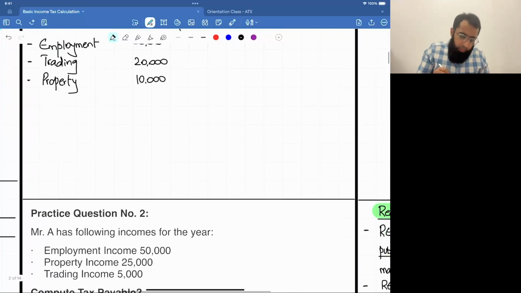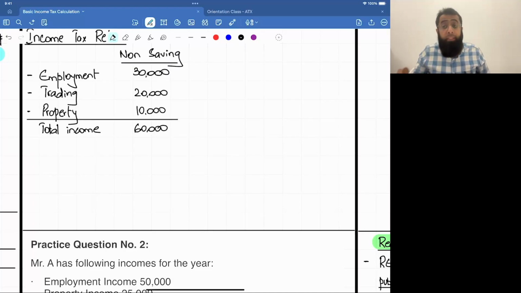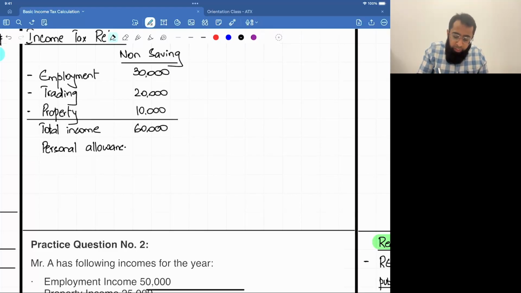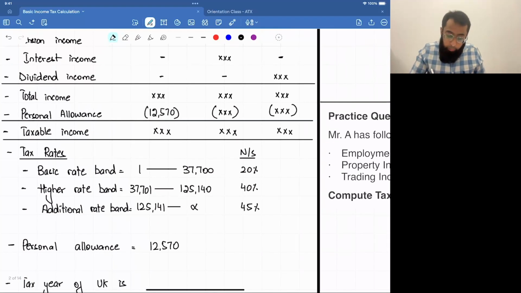Just look at it. Add up all of them. So you get your total income. 30, 20 and 10. 60,000. Deduct your personal allowance from it. Your personal allowance is 12570. See, that is provided by the tax department.